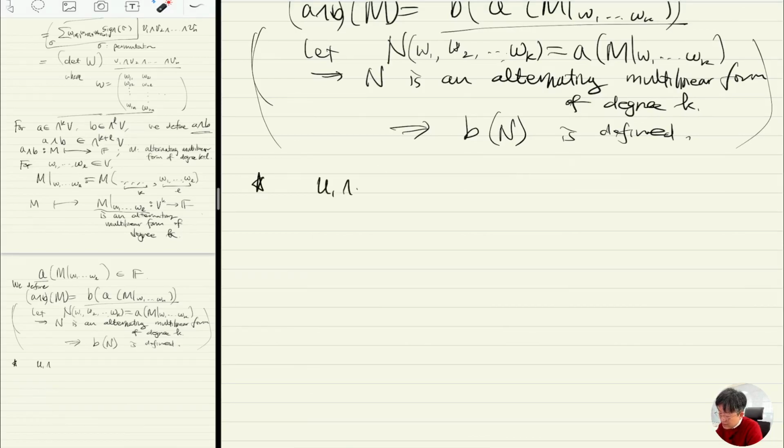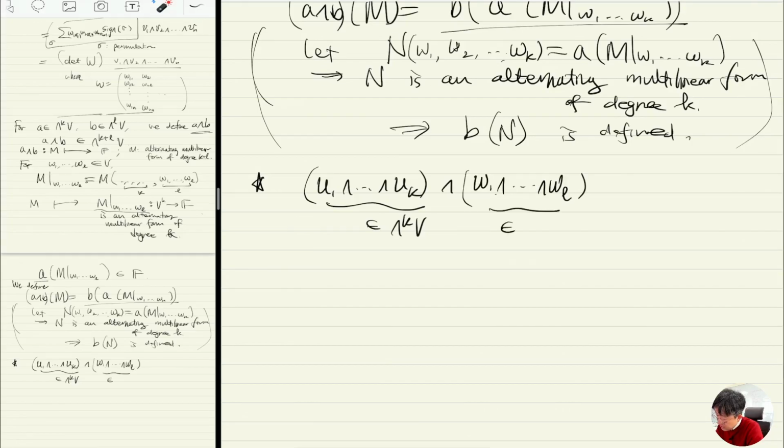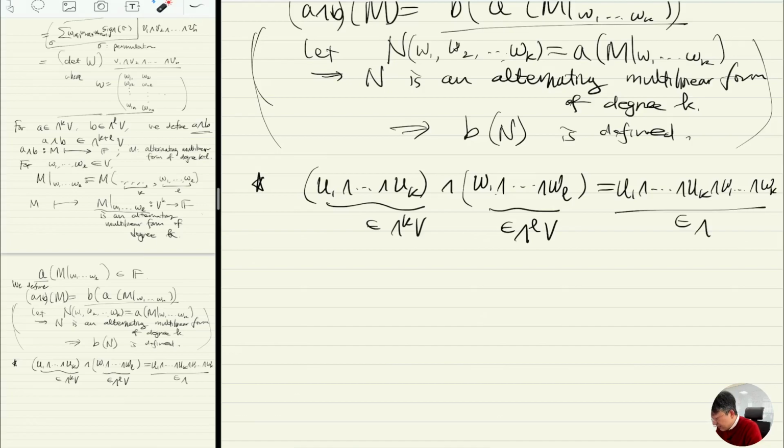If U1 wedge up to UK is a vector in the K-th exterior power, and W1 up to WL is a vector in the L-th exterior power, then our definition naturally gives you this vector.